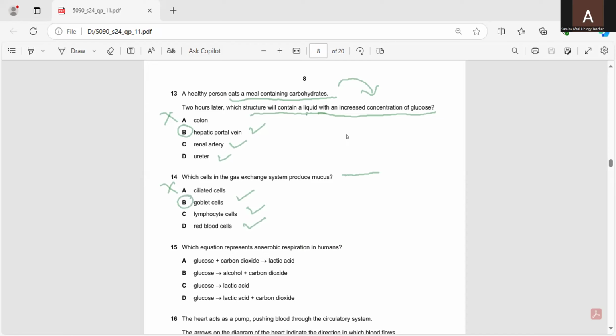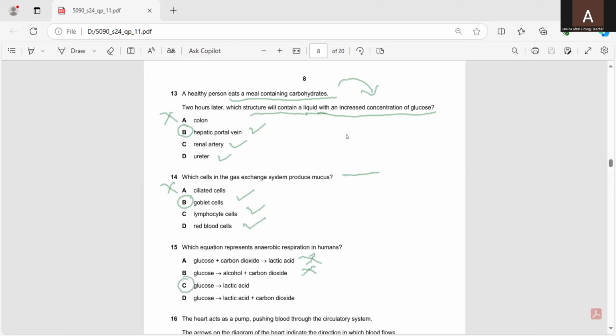Question number 15, which equation represents anaerobic respiration in humans? Glucose plus carbon dioxide? No, wrong equation. Glucose to alcohol plus carbon dioxide? No, it takes place in the yeast. Glucose is changed into lactic acid, this is the correct option.